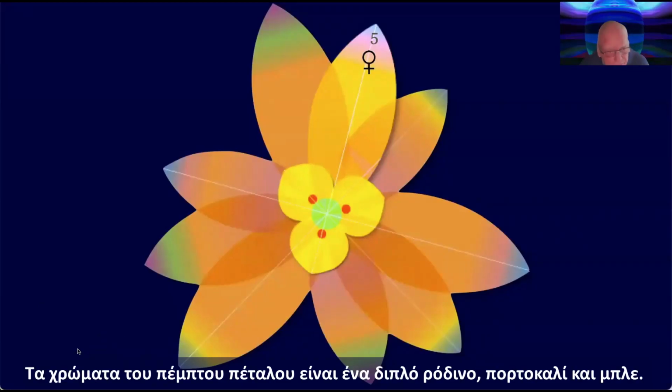The colors of petal 5 are a double rose. It doesn't show that well here, but you can see the rose influence, orange, and blue.